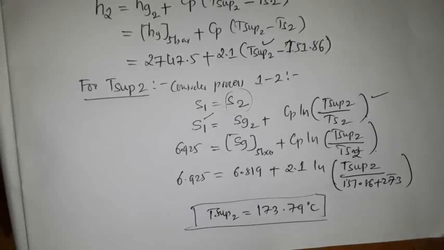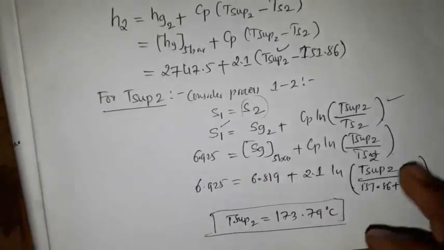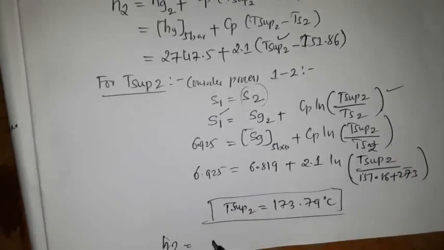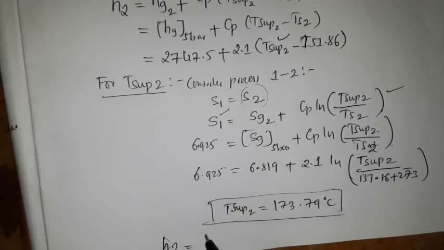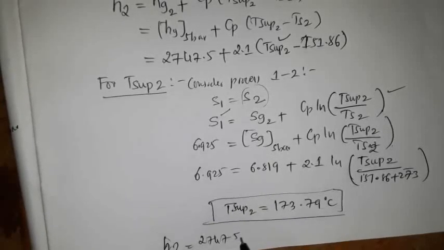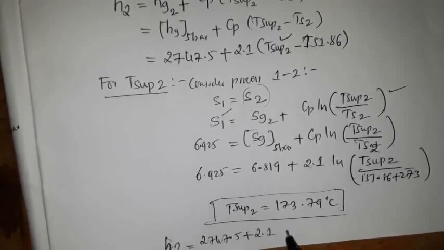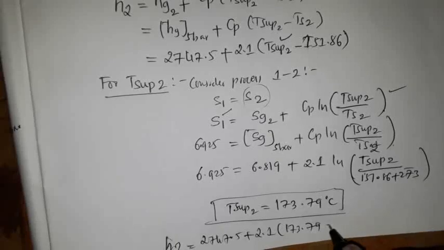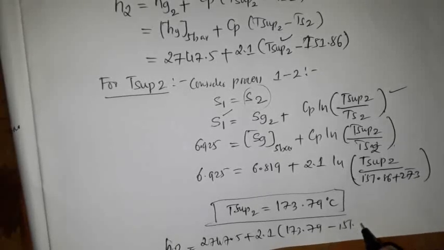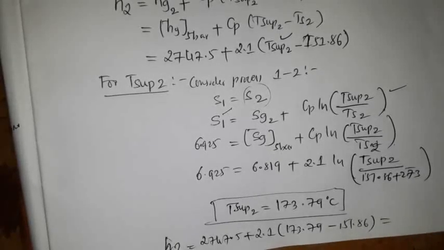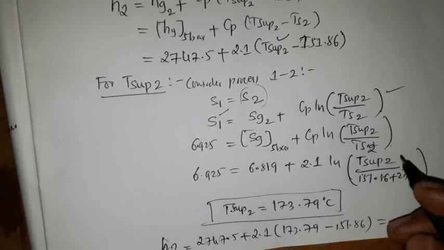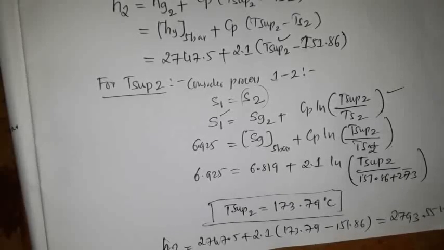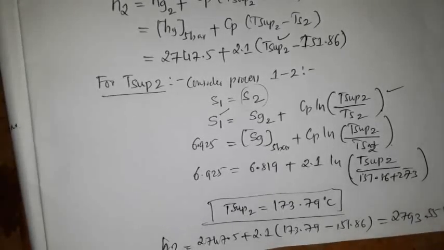So hence I will be able to calculate H2 now. H2 is equal to 2747.5 plus 2.1 into (173.79 minus 151.86), which is obtained as 2793.55 kilojoule per kg.